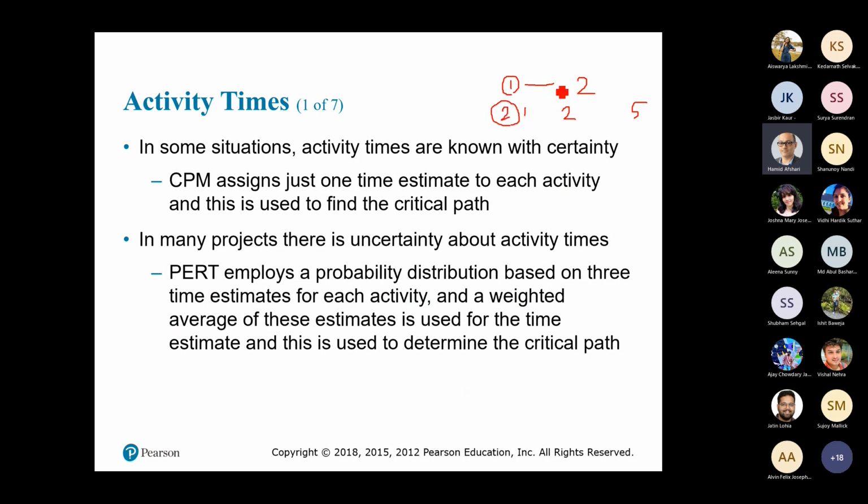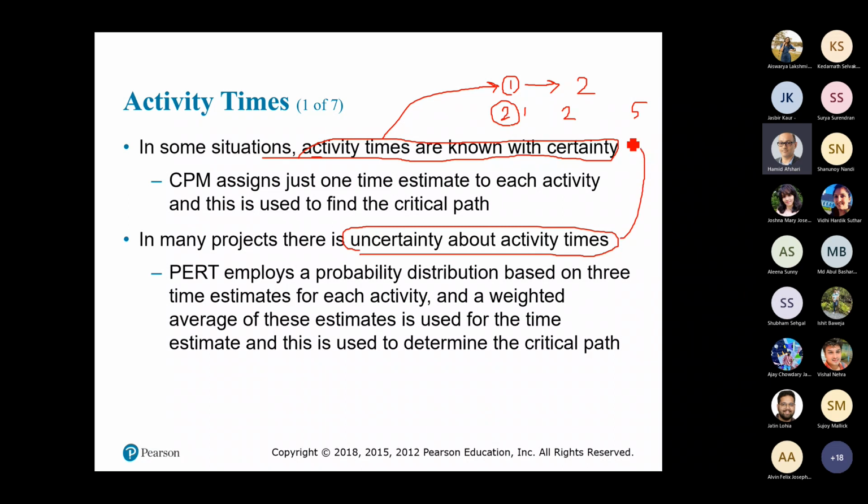In the first one, the activity times are known with certainty. So you exactly know the completion time of one activity. And in some cases, there is uncertainty about activity times. So you are not sure exactly how long it would take you to complete an activity.